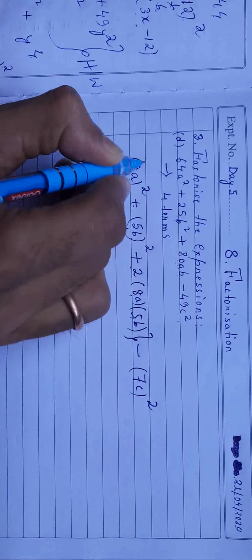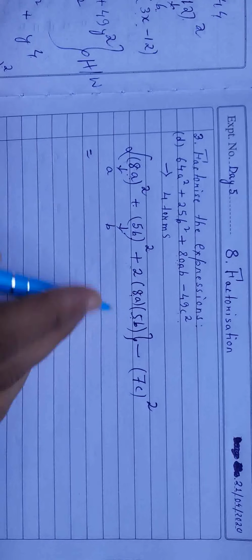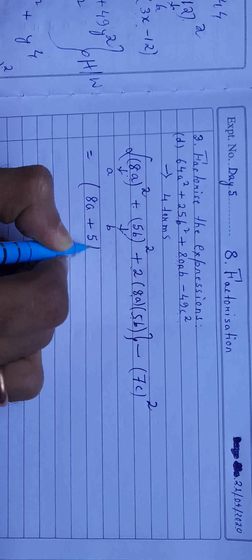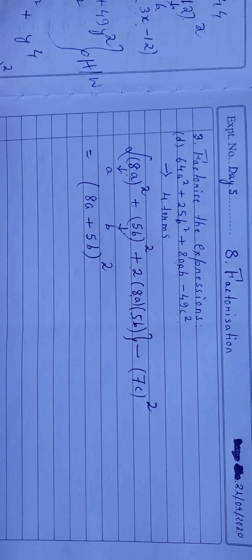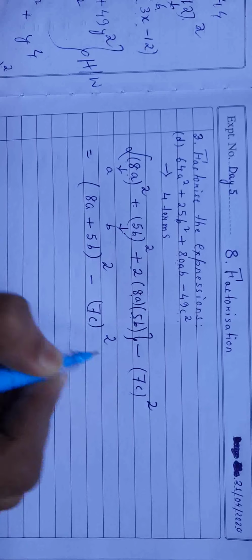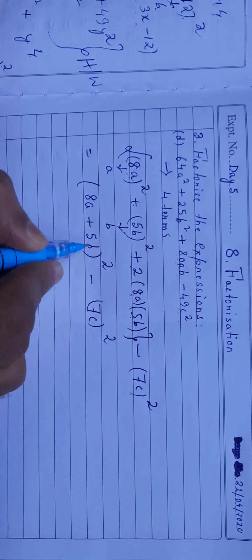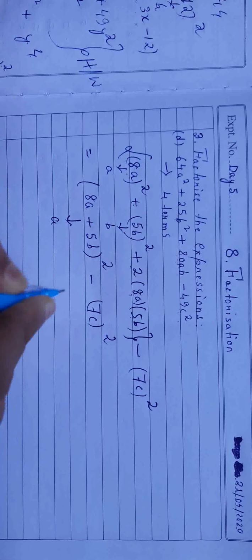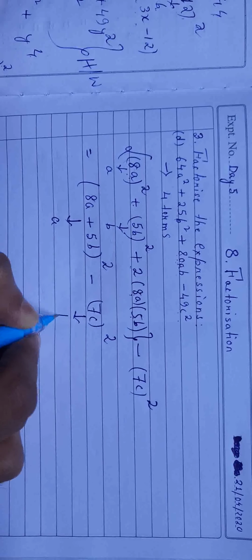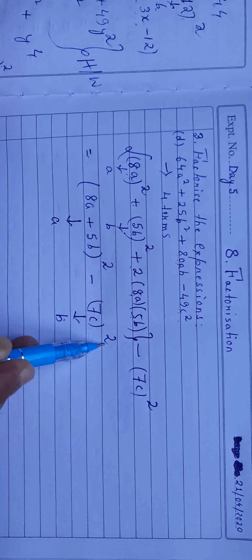So if you consider up to the first 3 terms, we can write a square plus b square plus twice ab as a plus b whole square, and then minus 7c whole square. Furthermore, we will find 8a plus 5b can be considered as one term, a, and 7c can be considered as another term, b, which became the formula of a square minus b square.